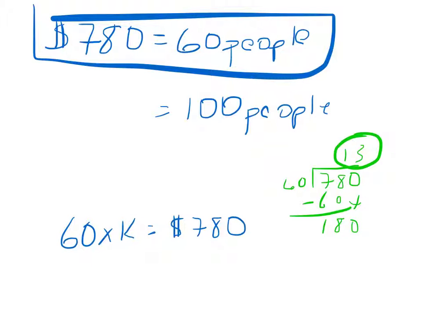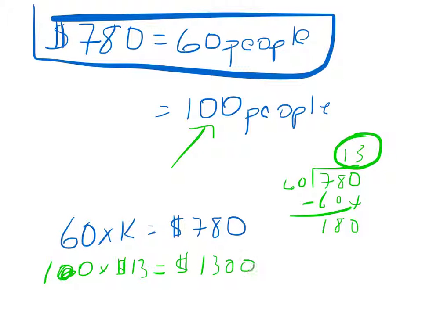So now I can say 100, because I'm taking this number up over here, 100 times the constant 13 will be 1,300. So the price for 100 people will be 1,300. So her constant is $13 per person.